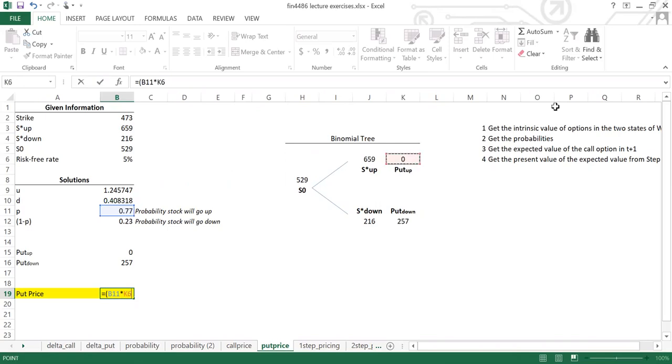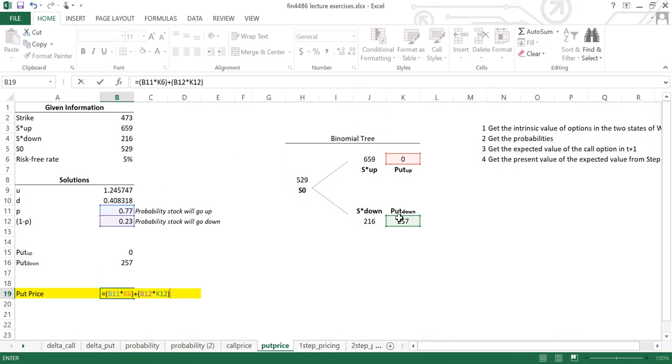So we multiply this by zero, and then plus 1 minus p, or in other words, the probability that the stock will go down, and then we multiply that by the value of the put in that bad state of the world.